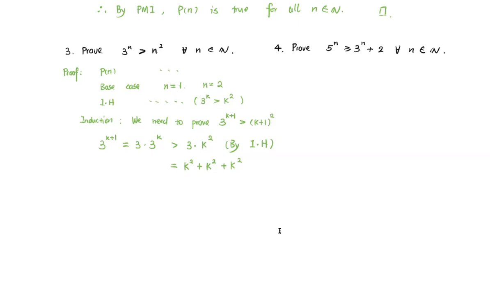This is going to be greater than k squared plus 2k plus 1. The reason is that for k greater than or equal to 2. Wait, do I need this? Oh, actually, it's fine.